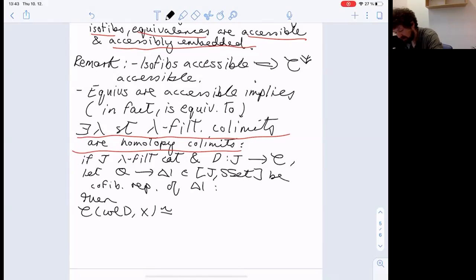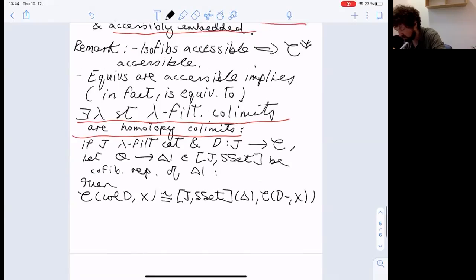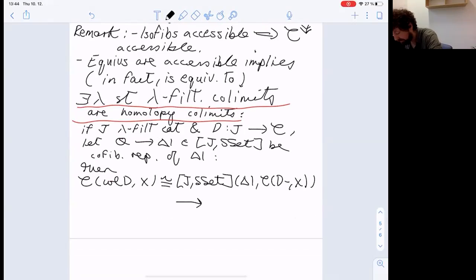Maps out of the usual colimit are the same as things like this. So this says that ordinary colimits are weighted colimits by the, maybe I can copy that and use it again.